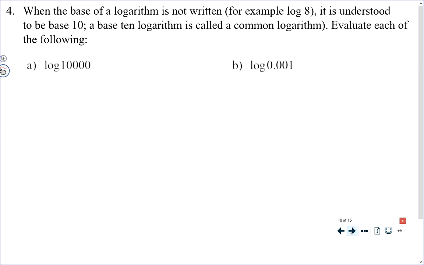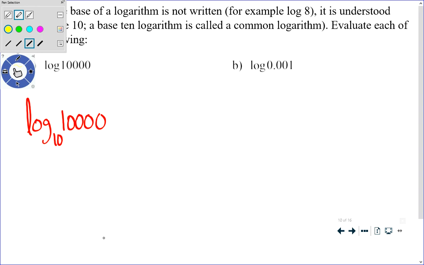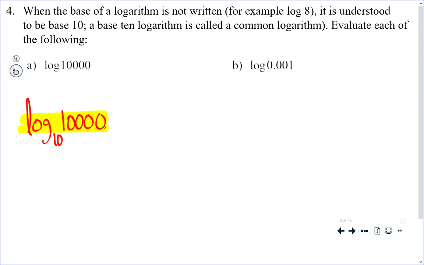When the base of a logarithm is not written, for example, log 8, it's understood that it's base 10. So what is log of 10,000? That is log base 10 of 10,000. By the way, I haven't pointed it out to you, but the word log, and the number that you are logging, if that is a verb, are on the same line. The base is really written down below.